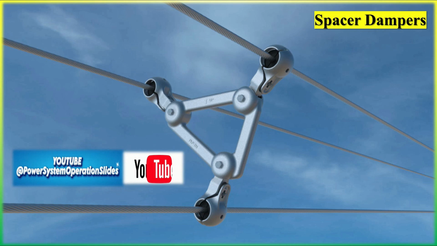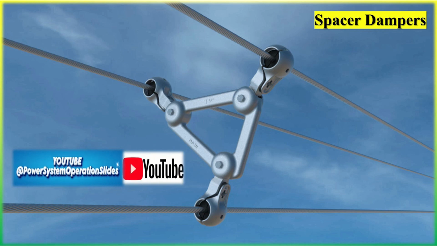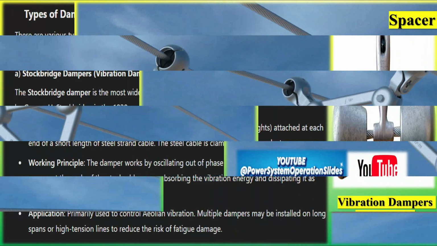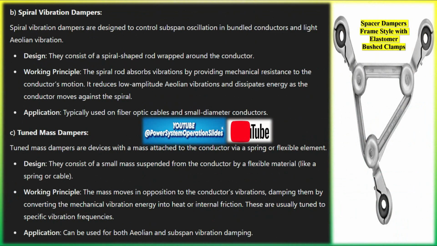Dynamic absorption. Dampers typically have a weighted mass connected to the conductor. As the conductor vibrates, the mass of the damper moves out of phase with the conductor's motion. This movement causes the damper to absorb energy from the vibration and convert it into heat, thus reducing the vibration amplitude. Tuned frequencies. Dampers are often tuned to specific vibration frequencies.